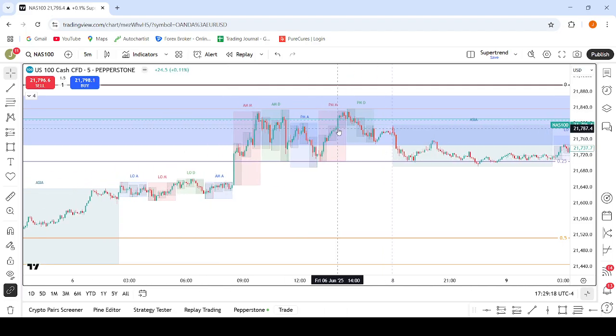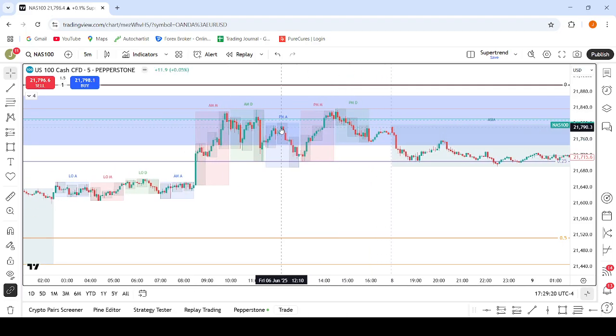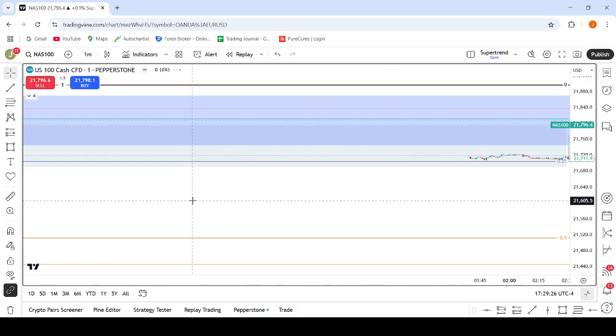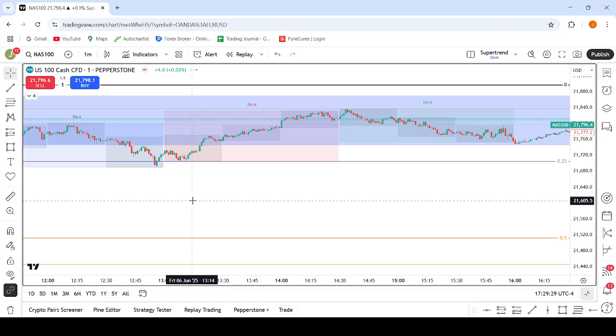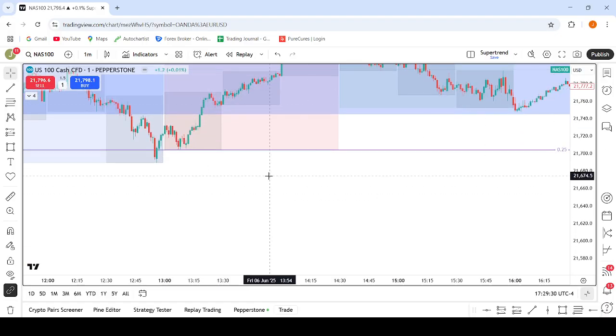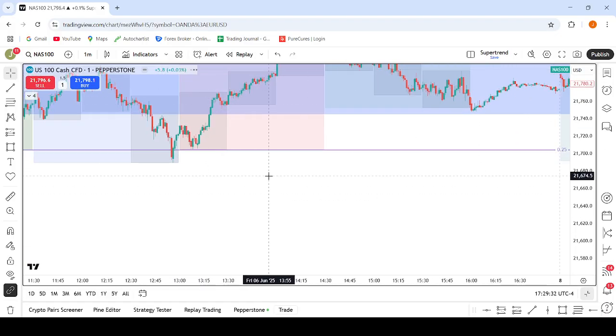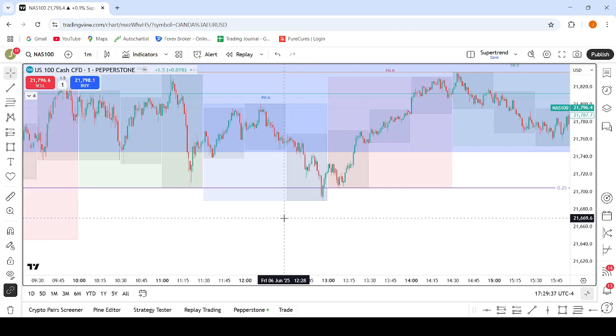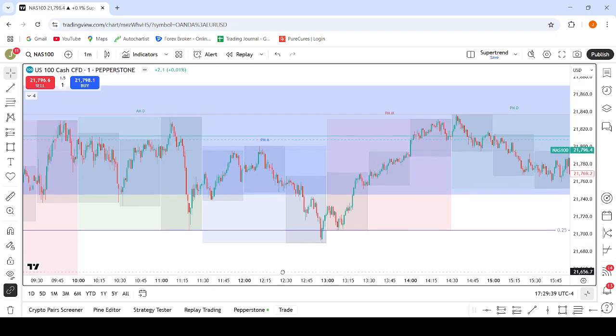You can see, actually I'm going to go down to 1 minute, because it seems to me that these order blocks always mean something.